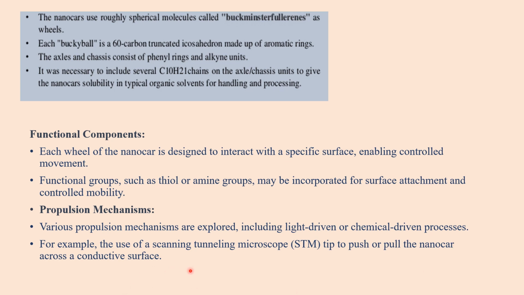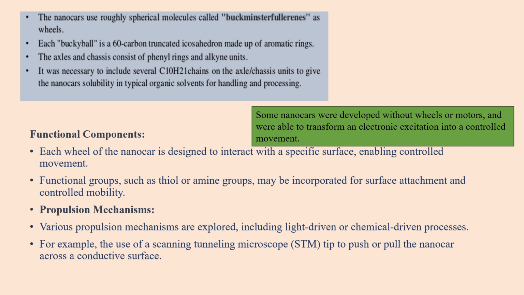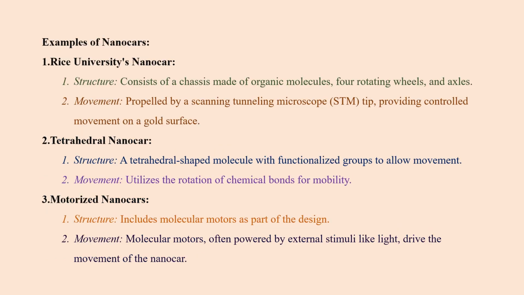For example, the scanning tunneling microscope tip can push or pull the nanocar across a conductive surface. And some nanocars were developed without wheels or motors and were able to transform an electronic excitation into a controlled movement. So these are the basic characteristics by which we can understand how nanocars work, how the functional components are incorporated, and what the propulsion mechanism is.